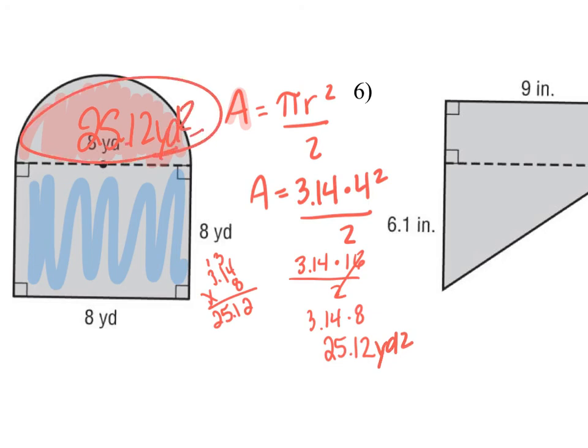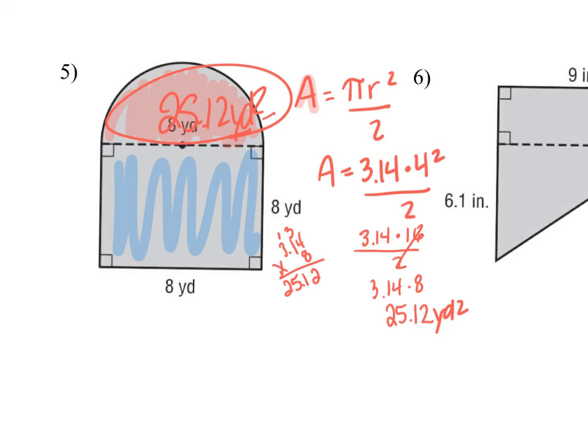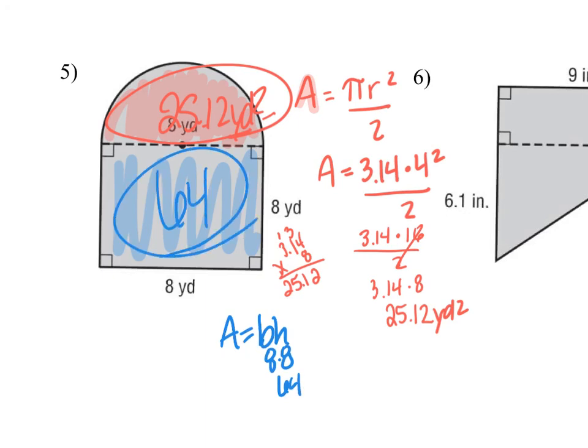Okay? And now I need to find the square, right? So we're going to say area equals base times height. Base is 8. Height is 8. 8 times 8 is 64. So this whole thing is 64.